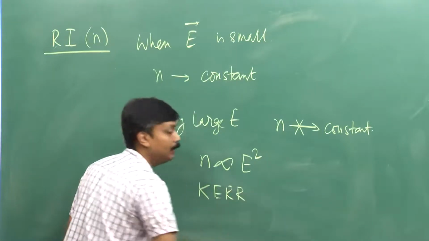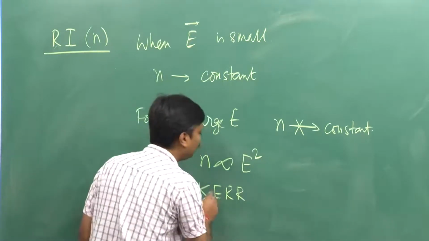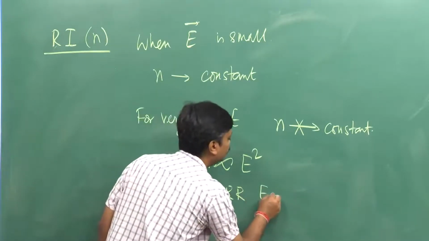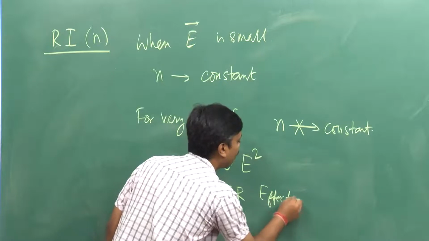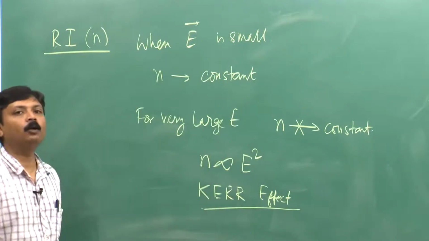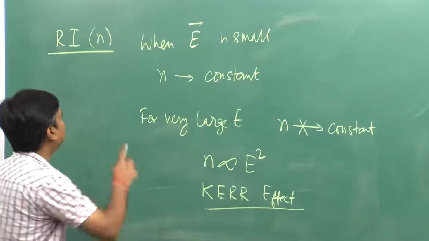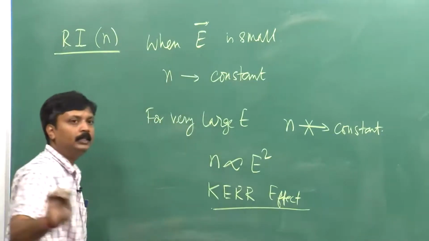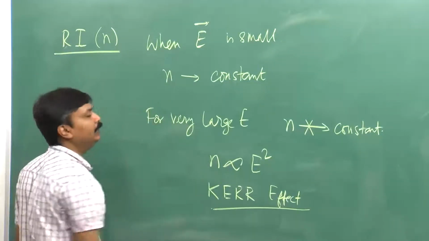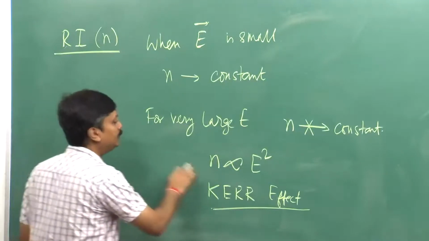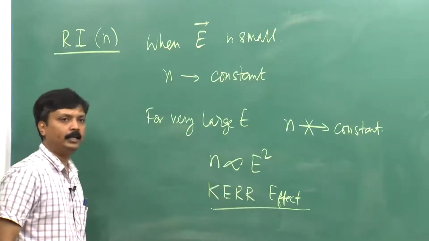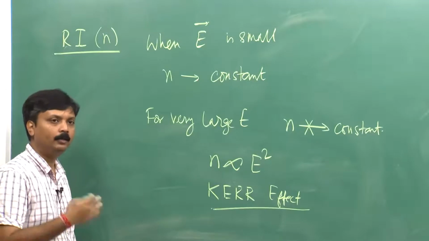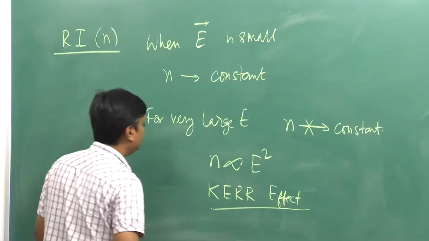So this is called the Kerr effect, and this is a nonlinear optical phenomenon. So the refractive index, as long as E is small, is a constant. The moment I increase the intensity, like bringing in a laser, it starts varying as the square of the electric field amplitude of the light. So this is one case.